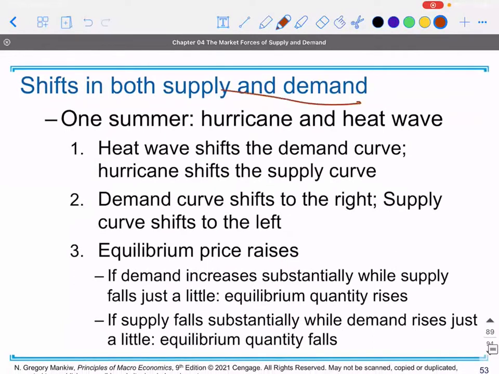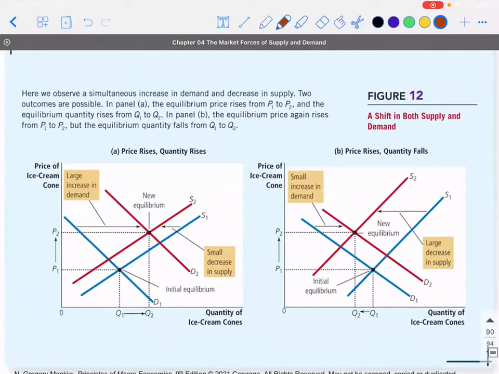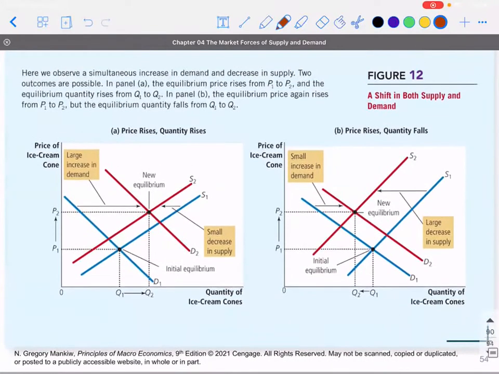Or if we shift both curves, hurricane and heat wave, then it matters how much they are shifting. Is it a minor hurricane, very hot weather, really big hurricane, only mildly hot? It's going to determine whether the price here, right? Supply is decreasing by a little bit, but demand is increasing by a lot.